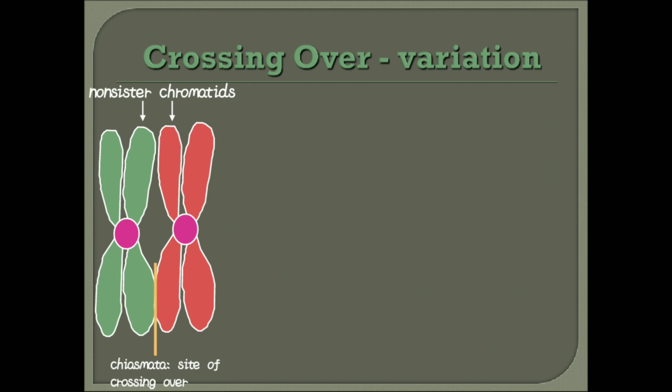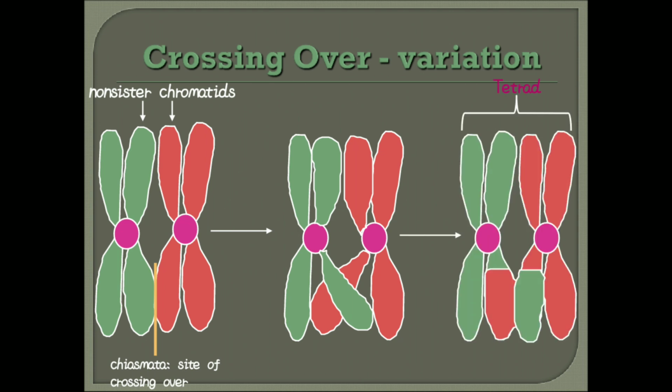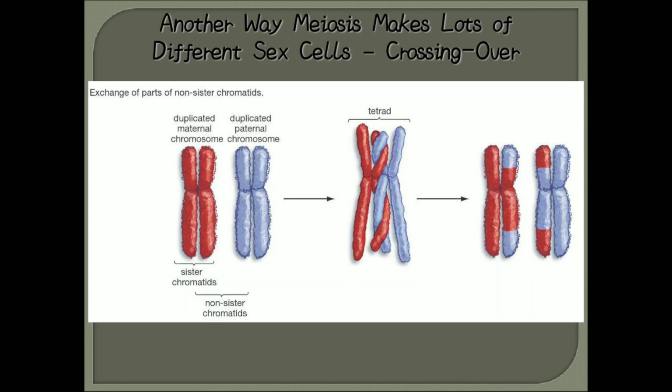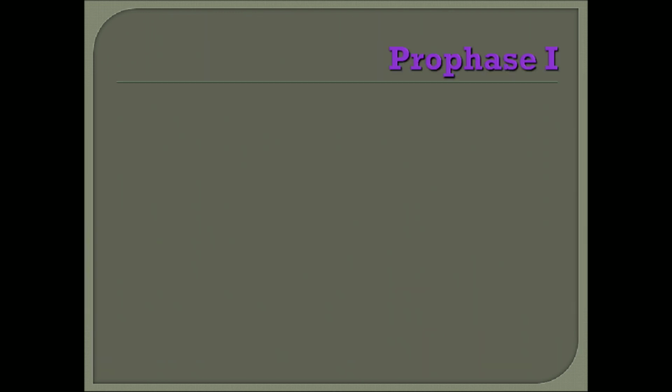See here, these two are non-sister chromatids and they form the chiasma by crossing over. Crossing over occurs here, and there is an exchange of segments of chromosomal genetic material, which forms the variation.